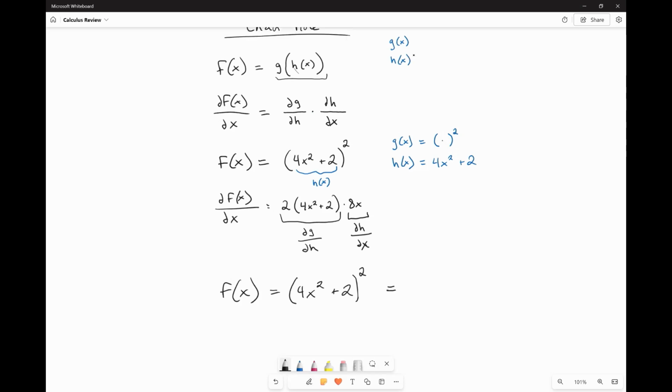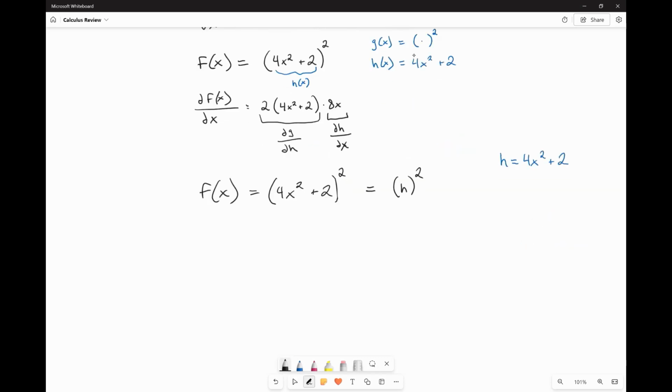Let's define h equals 4x squared plus 2. If we define that, then we can rewrite this and just call it h squared. Then we can take the derivative of that. So basically g is equal to h squared.